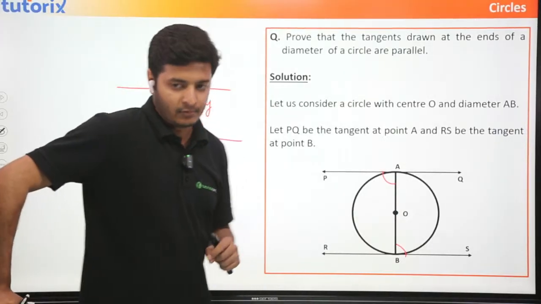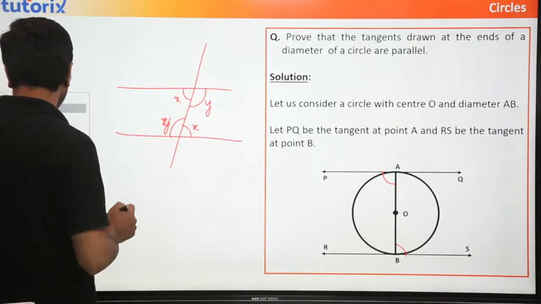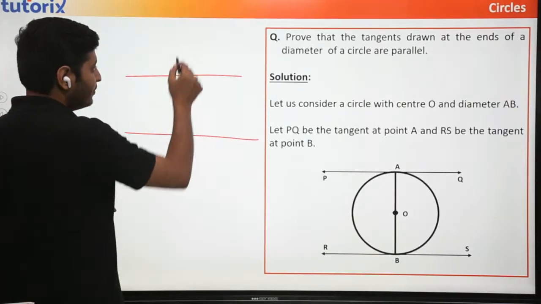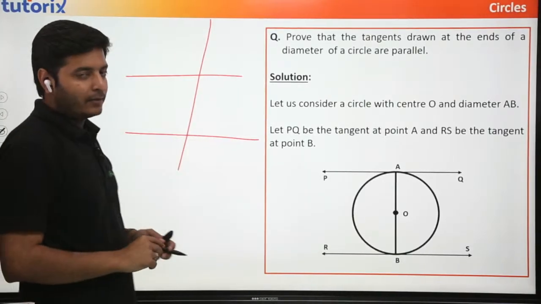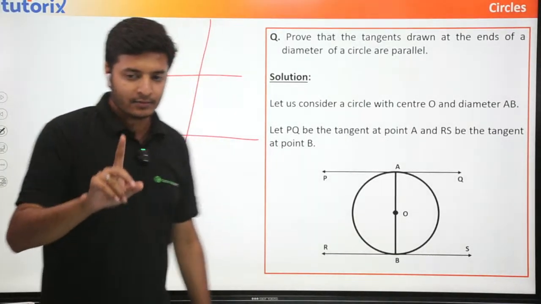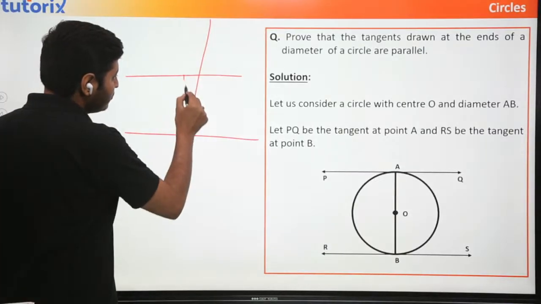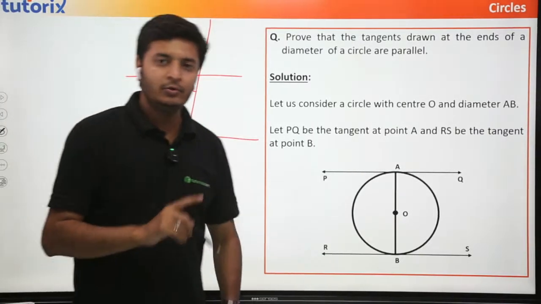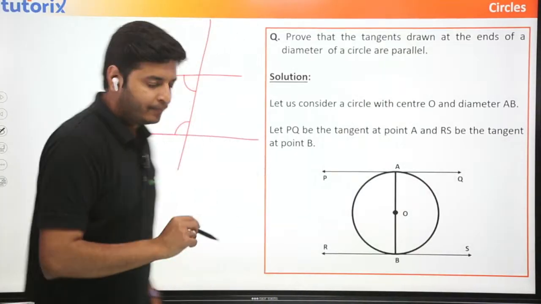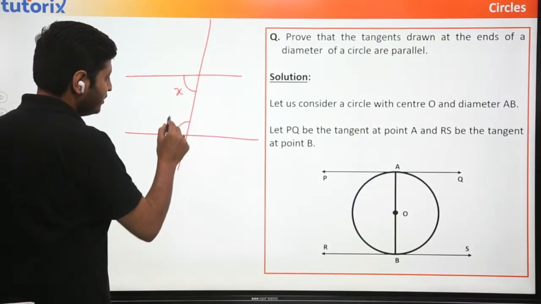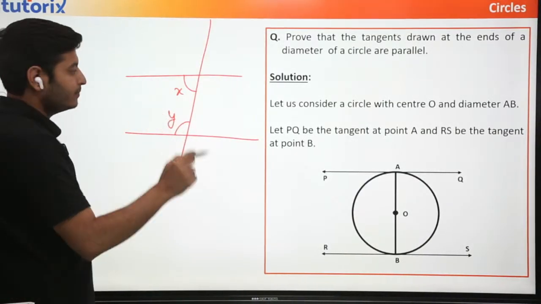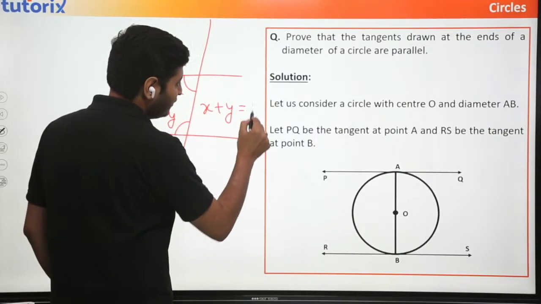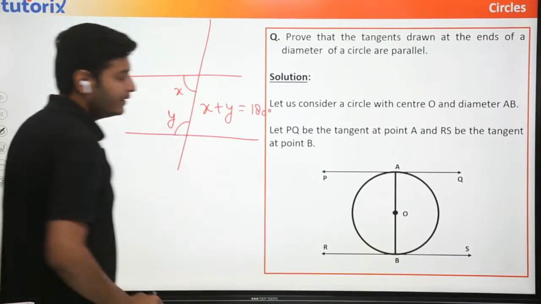There's one more concept also. According to Playfair's theorem, if two lines are parallel and a line segment is acting as a transversal, then angles on the same side of the transversal will always sum to 180 degrees. Whatever the value of this angle is, whatever the value of this angle is, in case of parallel lines, x and y will always sum to 180 degrees.